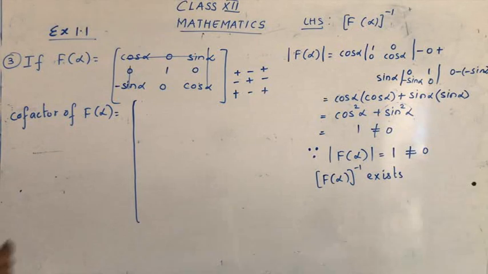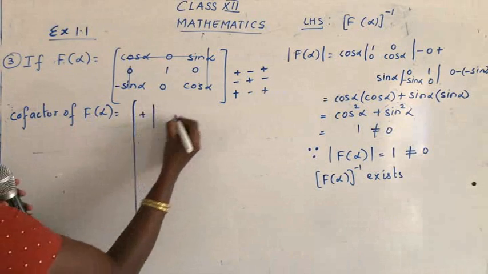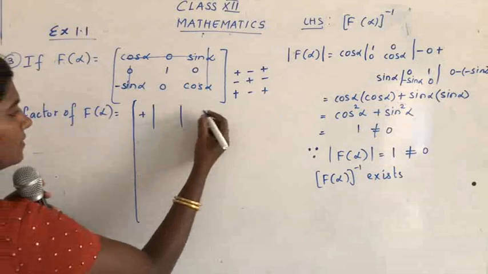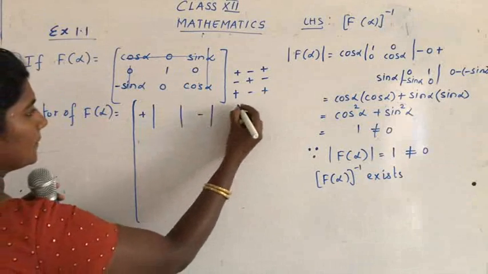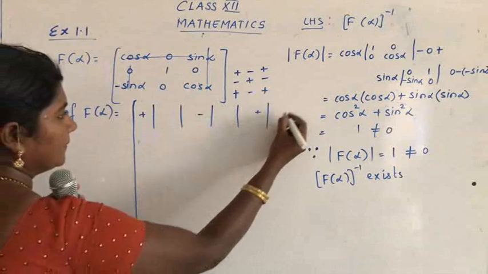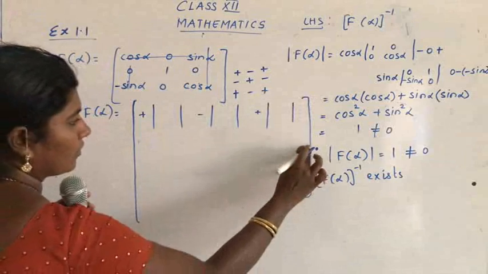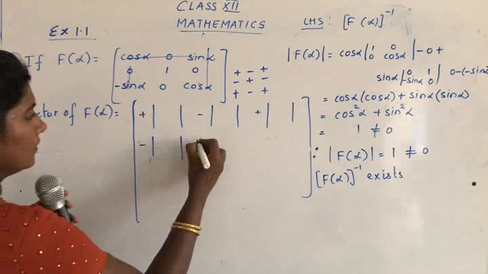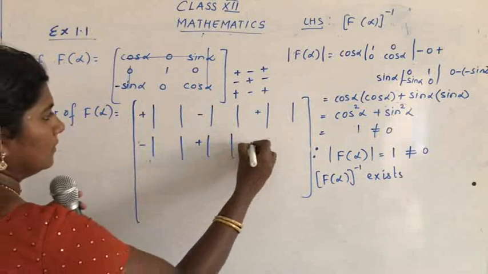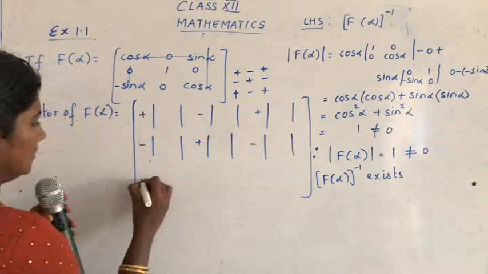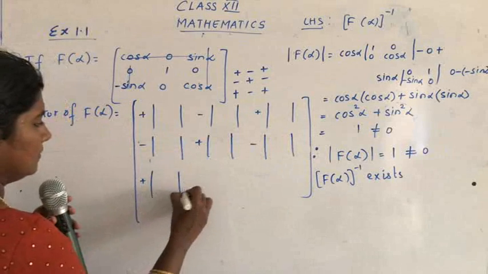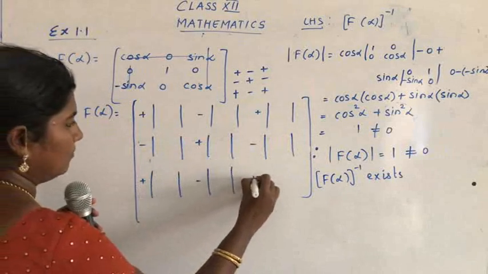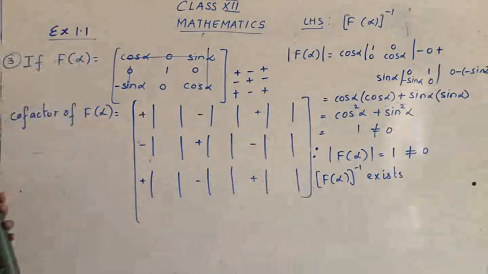So I'll write here plus. Then I'll put a determinant with the sign minus. Then we have plus over here. Then minus, plus, minus, plus, minus, plus. Let's fill all the details carefully.